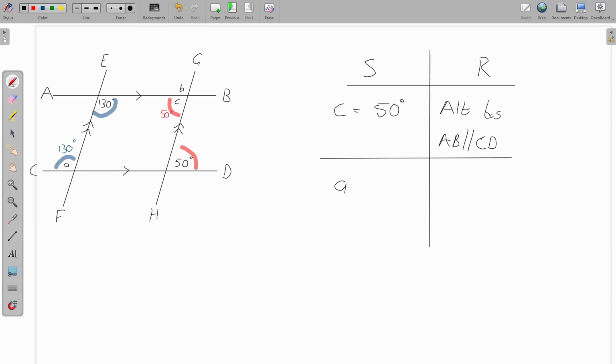My statement, therefore, A is equal to 130 degrees. My reason, alternate angles are equal. And which parallel lines did I use? I used line AB and line CD. So I need to say AB parallel to CD.